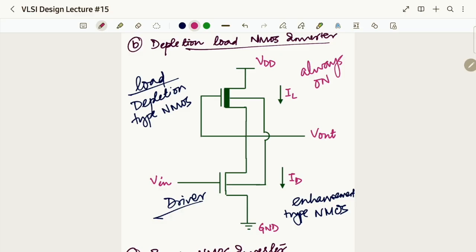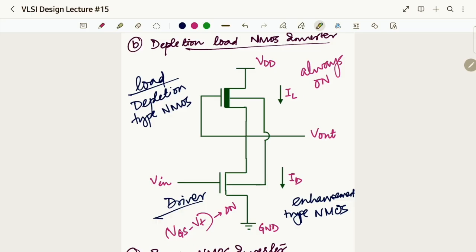And what about the enhancement type NMOS that we know? That you need to give a particular voltage to turn it on. So our driver needs a particular voltage to turn on, but the load is always on. That means, and it is also connected to VDD, the power supply.